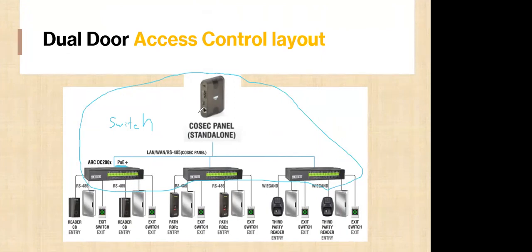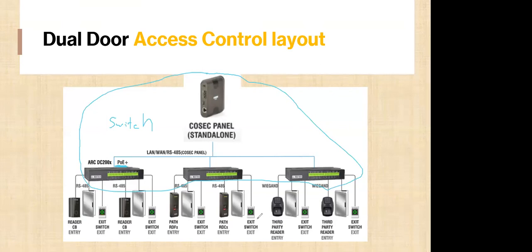Now this DC200, the ARC controller, which you can see on the screen, can be powered either through a PoE or through an adapter. So it requires a 12 volt, 2 ampere DC supply. So it can get power from any of them.